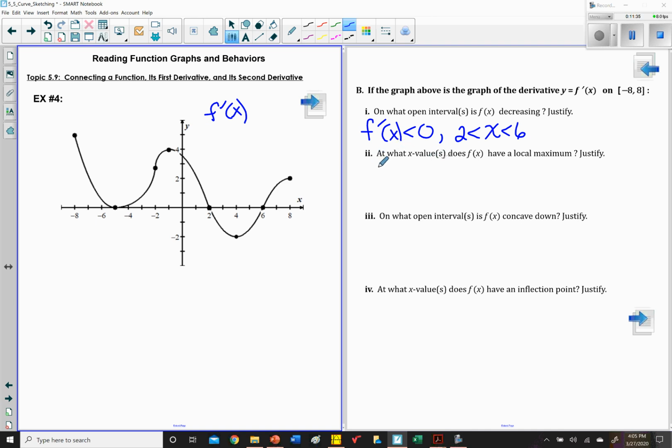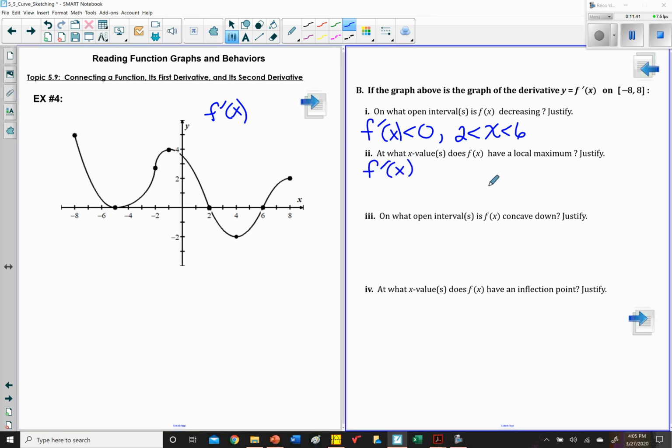Well, we know where the derivative f prime changes from positive to negative, or we could say we could have a maximum where the derivative graph changed from increasing to decreasing. So either one of those would work.